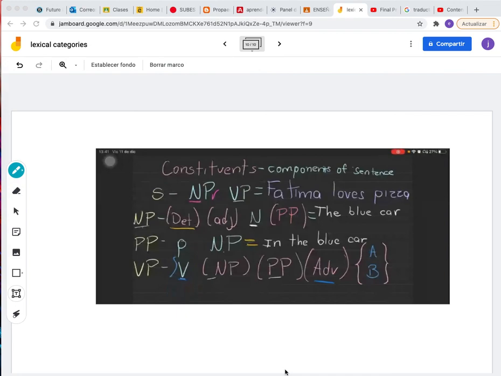The next one is NP, which means noun phrase. The next one is PP, which means prepositional phrase, and the last one is VP, which means verb phrase. So in a sentence, we can find two principal constituents: a noun phrase and a verb phrase.